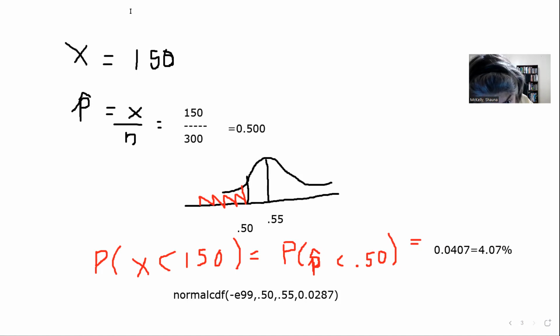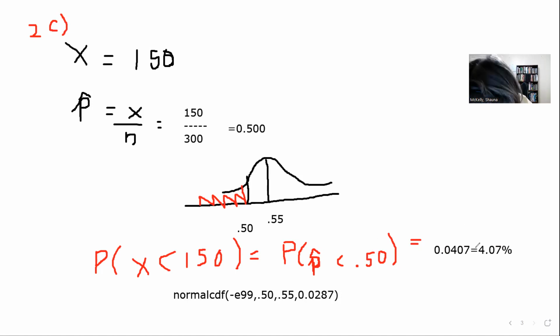So now we're going to go to part D in just a moment. This is number 2C. And that's how you would work it out. This is 0.0407. Okay.